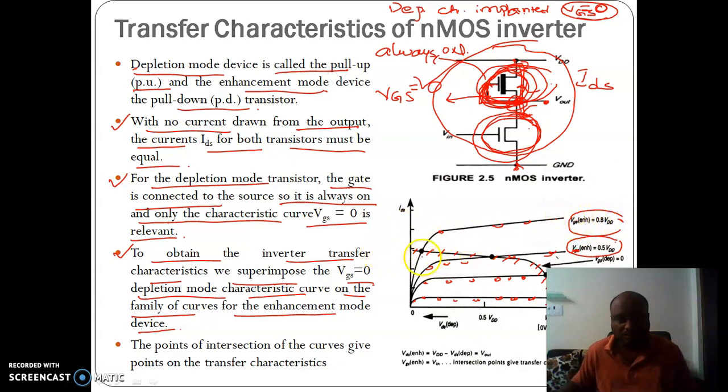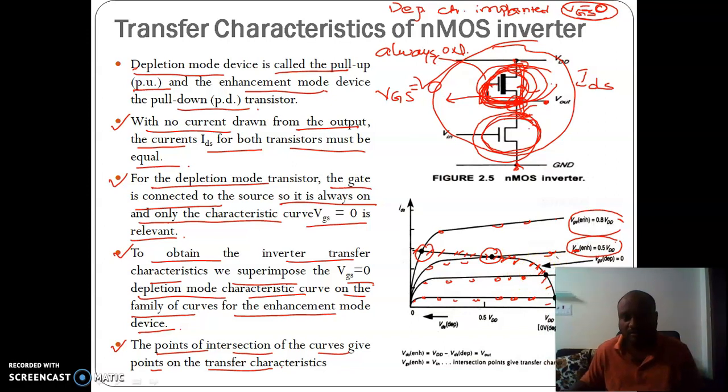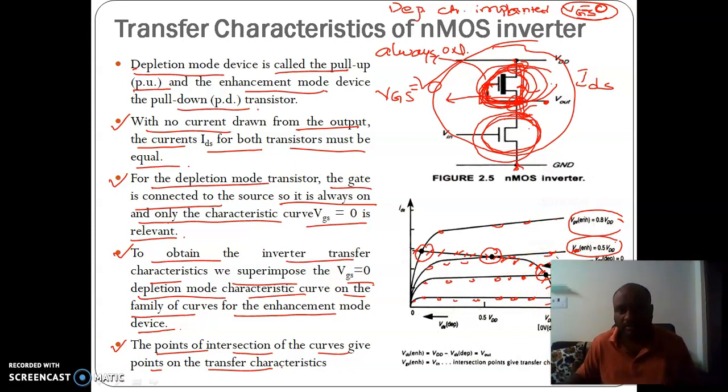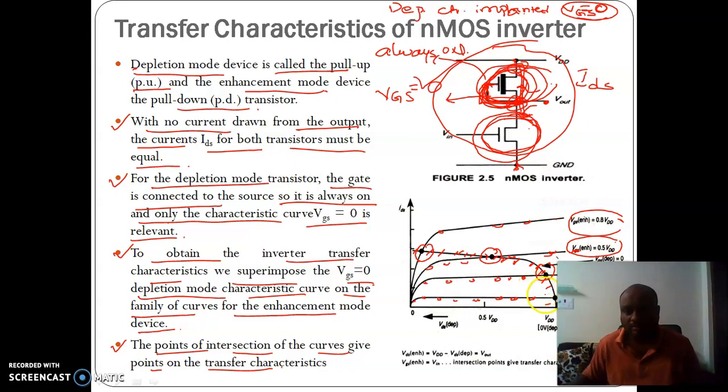When these two are superimposed, we get the total transfer characteristics of this circuit. How? The points of intersection of the curves give the points on the transfer characteristics. Where the depletion mode transistor curve intersects the family of curves of the enhancement mode transistor, putting all those intersection points into a graph gives us the transfer characteristics.